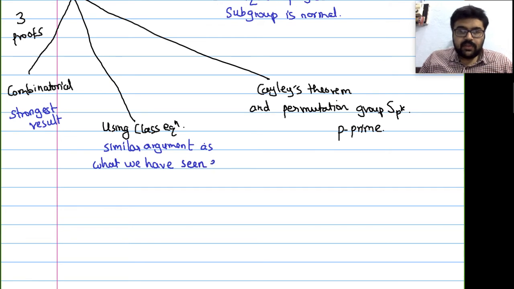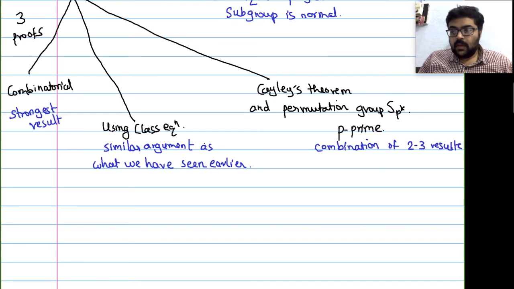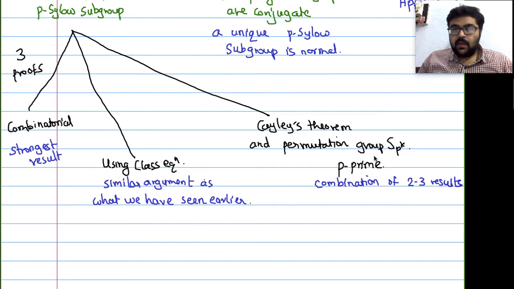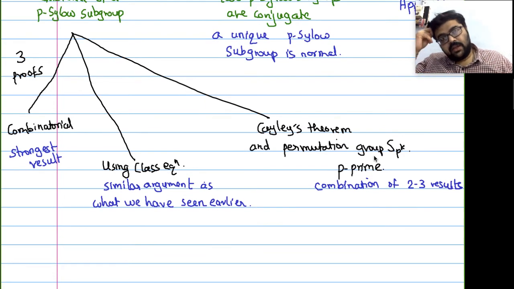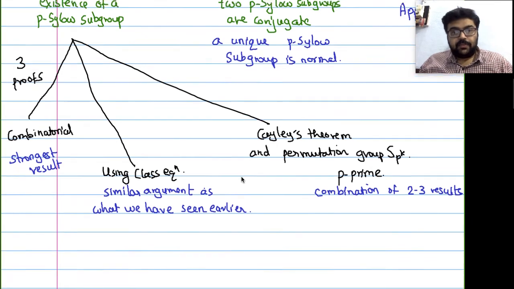I'll make a video of this also. And this one is a combination of 2-3 results. It is not a direct proof. So 2-3 results collectively will eventually give the proof of Sylow's theorem.